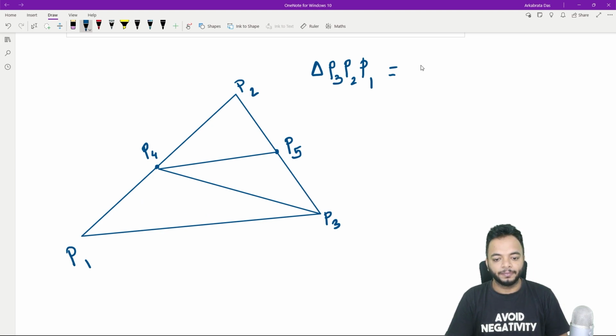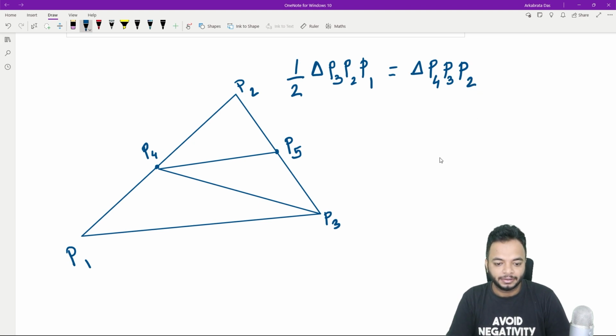Basically you are getting two triangles having the same base length and the same height, so the whole triangle is getting divided into half. I'm not writing that explanation here, but you have to write it. So the area of this triangle is half of the area of triangle P4, P3, P2.